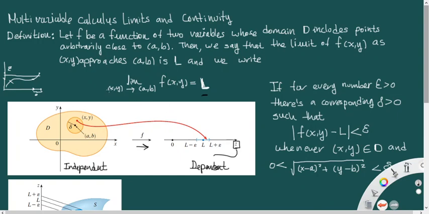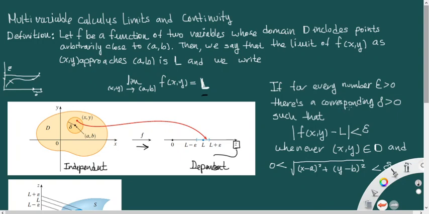So the limit when x comma y approaches a comma b, for the function that is a function of x and y, will be equal to L. And this is the formal definition of the limit in this multivariable case.